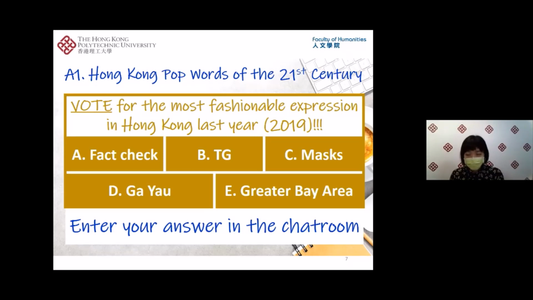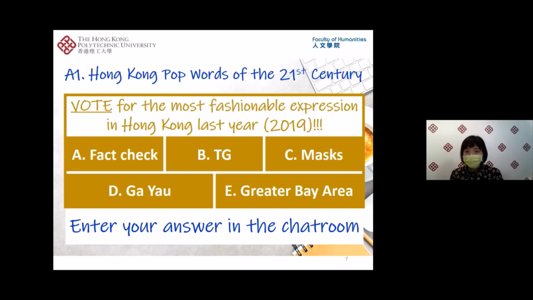Now A is fact-checked, B TG, C masks, D Ga Yau, and E Greater Bay Area. Just in case not all of you understand Cantonese or Chinese, actually this is not Chinese, of course it's English, but these are very local, very Hong Kong expressions.